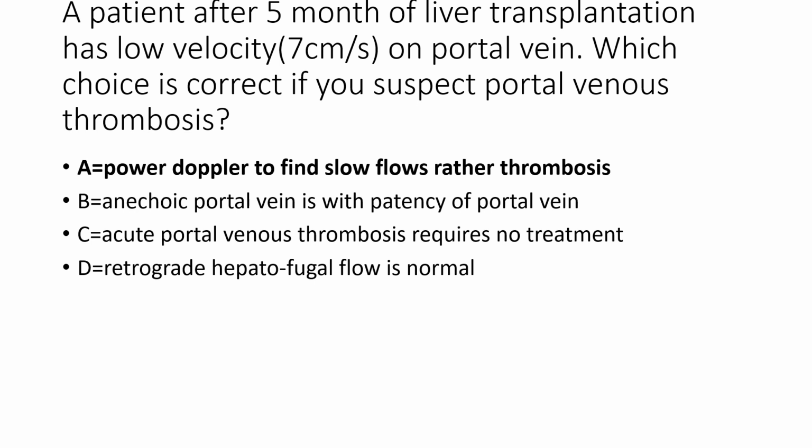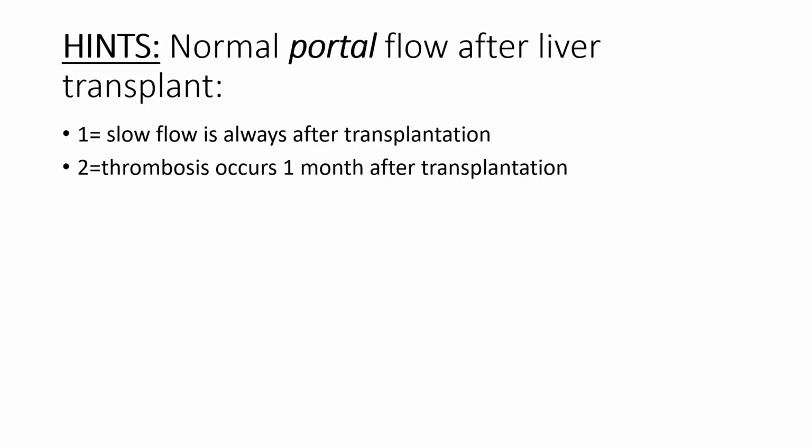If we have an anechoic portal vein, it doesn't show that it's patent. Sometimes it is not permanent, it resolves spontaneously, and hepatofugal flow is abnormal, so it shows maybe collaterals or stenosis of the other branch. For stenosis, before 6 months and after 6 months there are two different etiologies.